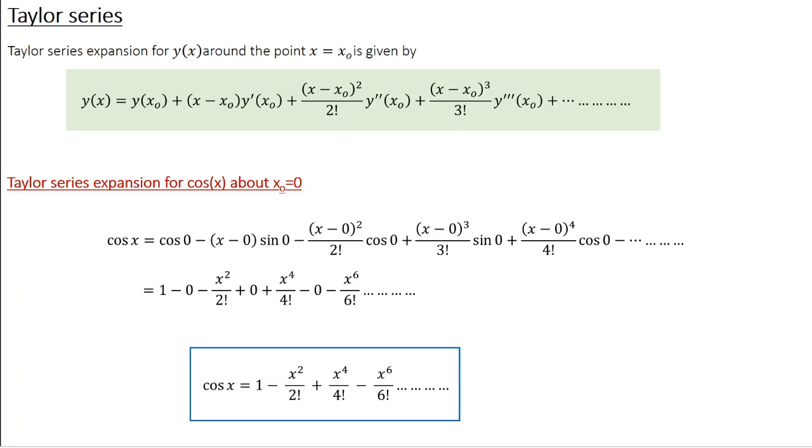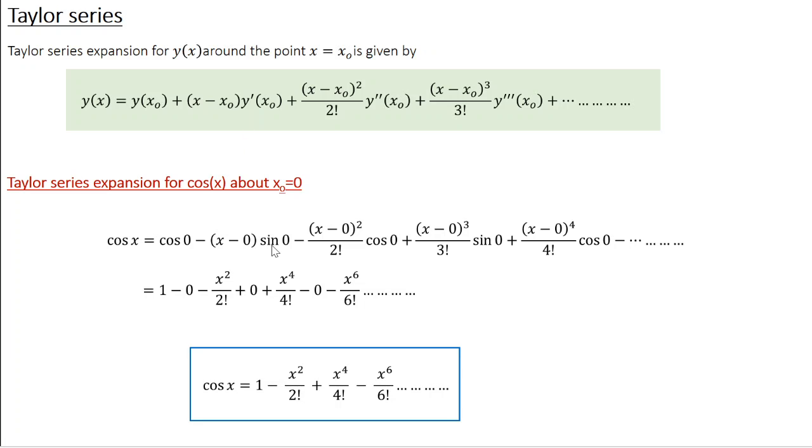Now let's do a Taylor series expansion for two common functions, cos x and sin x. So here we are going to do the expansion about the point x naught equal to 0. First let's find the Taylor series for cos x. So here y of x equal to cos x and x naught equal to 0. So follow this definition. Now I can write cos x equal to y of x naught, which is cos 0 plus x minus x naught.